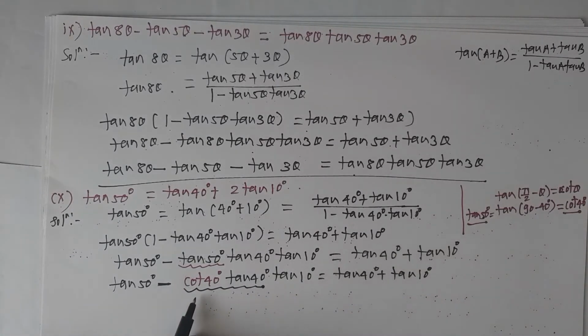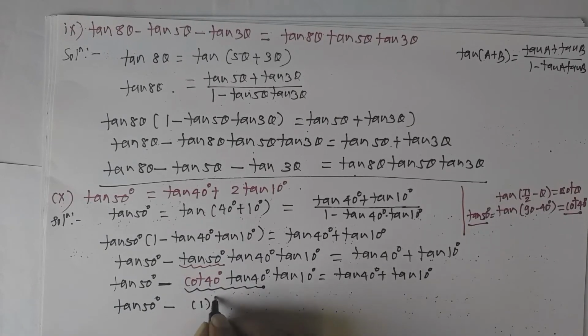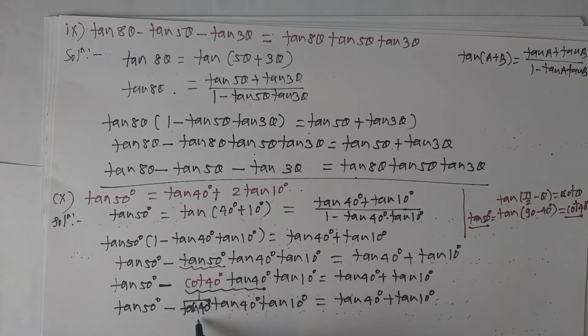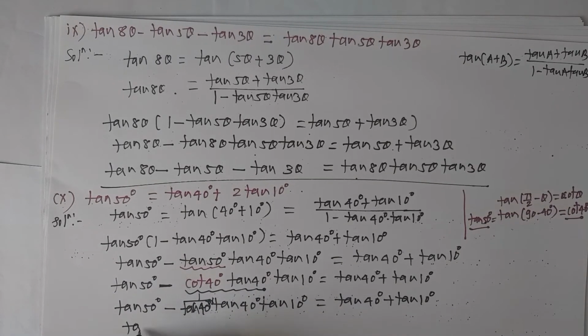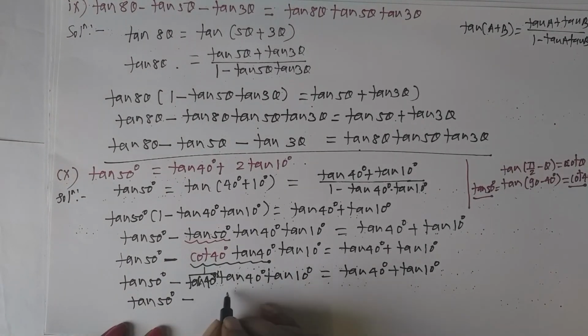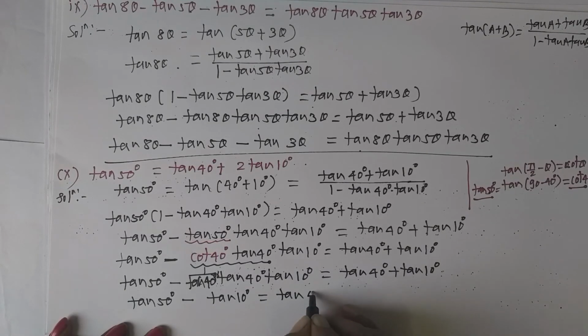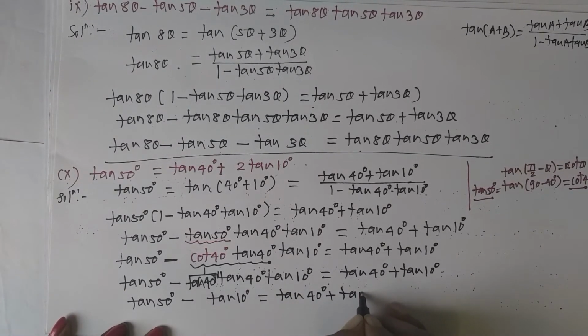I can write this cot 40 as 1 upon tan 40, and as these functions are reciprocals of each other, their product is always 1. Okay. 1 upon tan 40, this tan 40 will get cancelled, and this is nothing but tan 50 minus 1 into tan 10, means tan 10, is equal to tan 40 degree plus tan 10 degree.